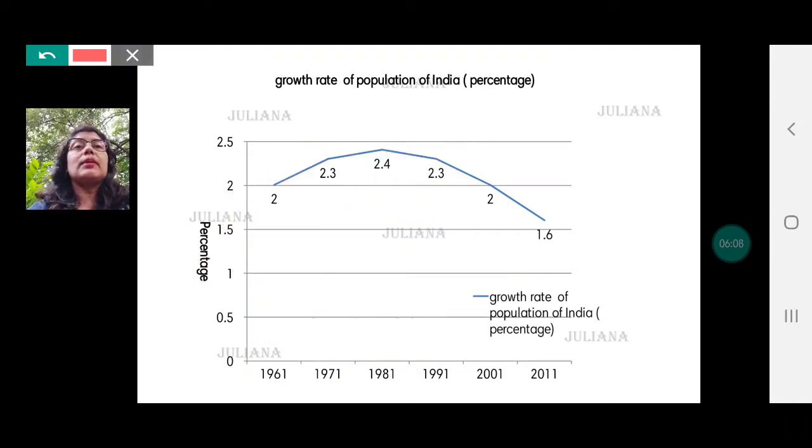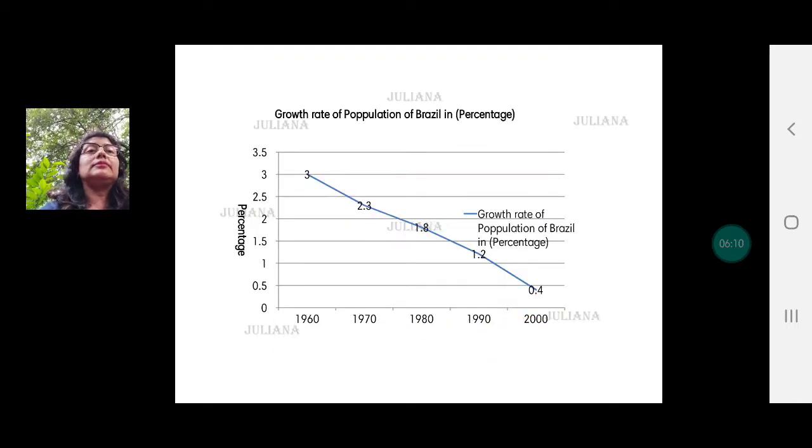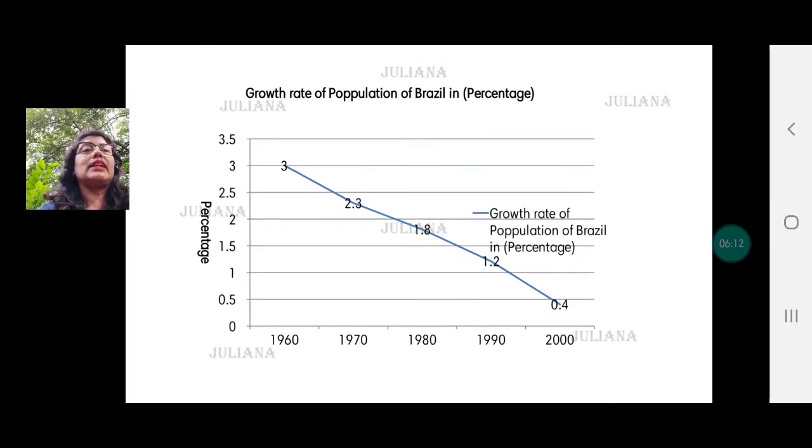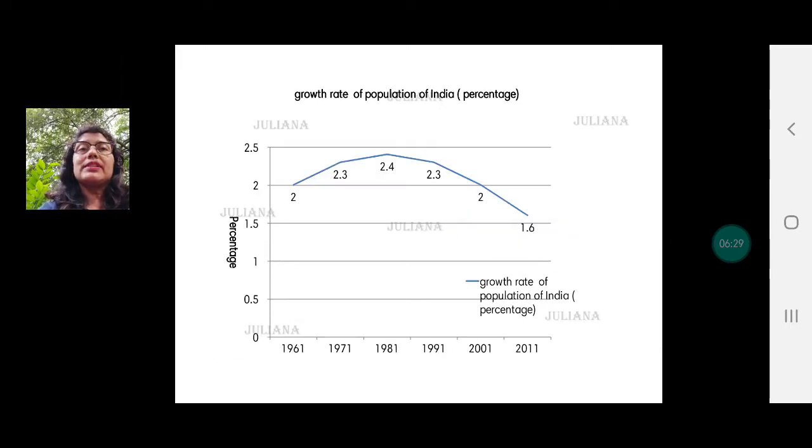Now what you need to keep in mind here: in Brazil, when you say 3% of the population, say 3% of 91 crore population of Brazil today, not in 1960. In 1960 it must have been much lesser, say 80 crores. So 3% of 80 crores is not much compared to 2% of 130 crores.